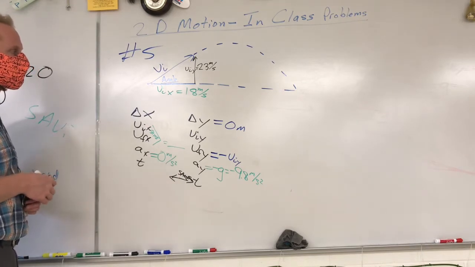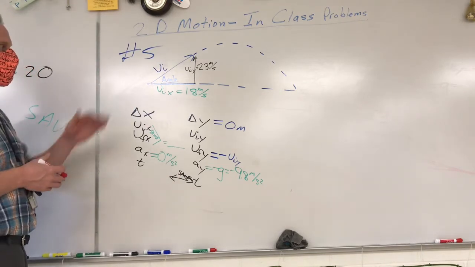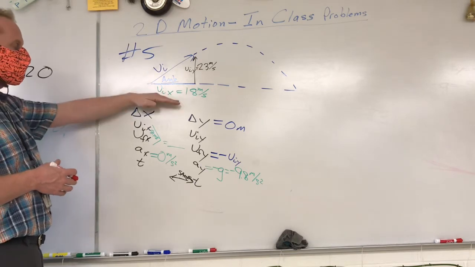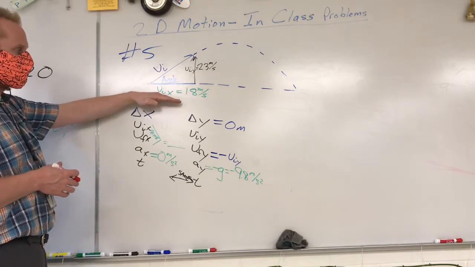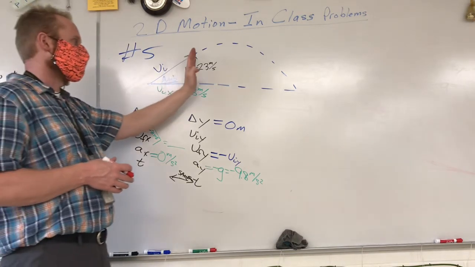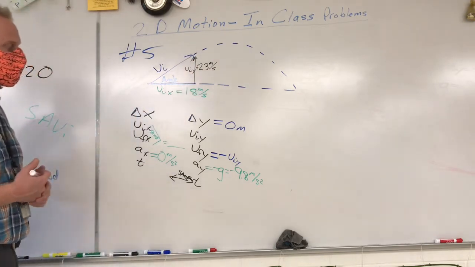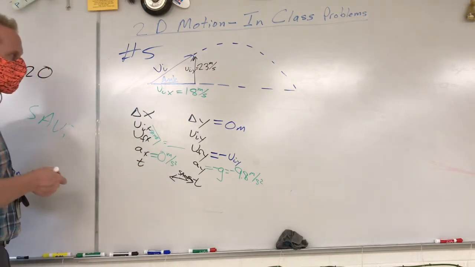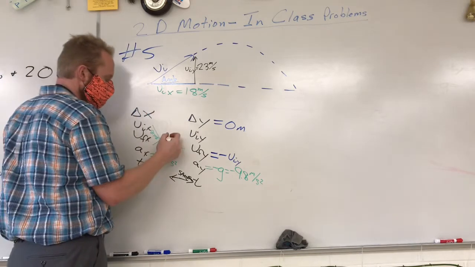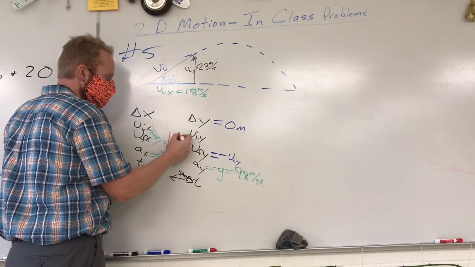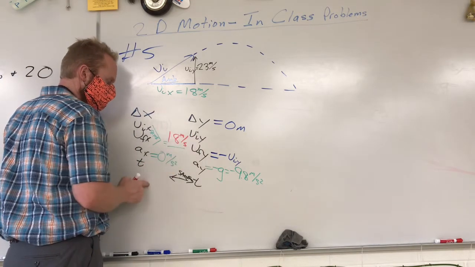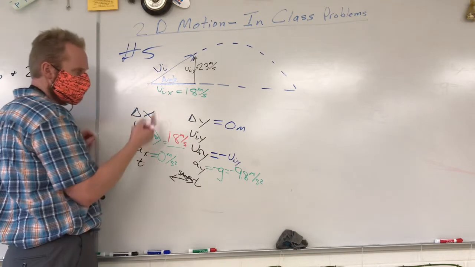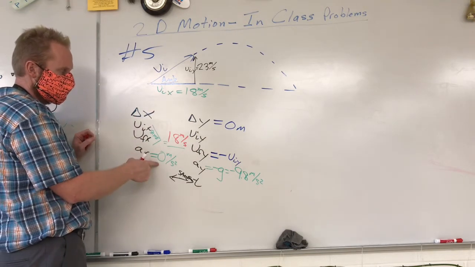Now let's look in the problem, and again, this is an arrow shot at some angle such that my horizontal velocity is 18 meters per second, and it's 23 meters per second in the y. So with my red marker, my VIX is 18 meters per second. It's also my VFX because it's a projectile with an acceleration of 0.